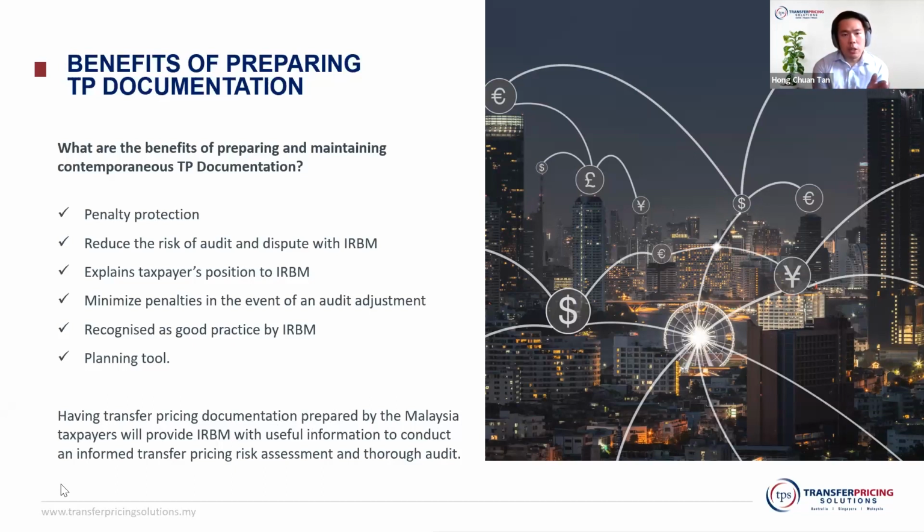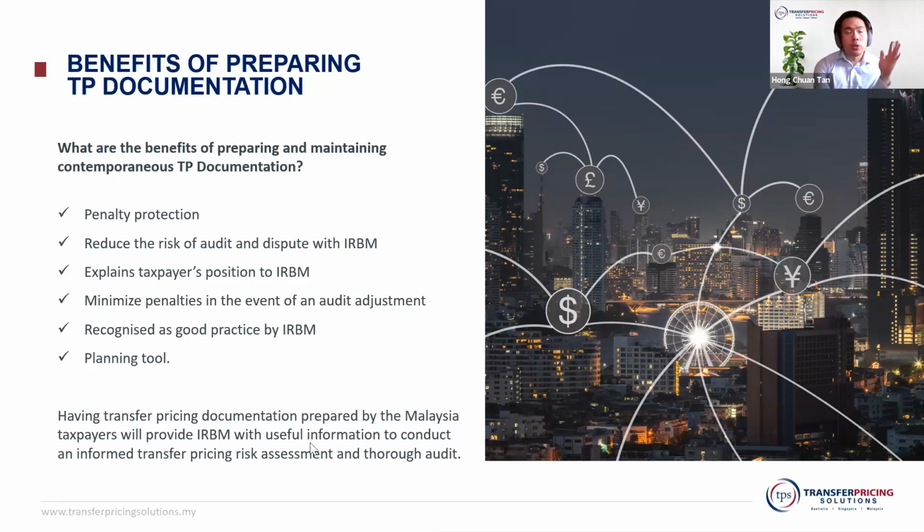I'm not talking about just TP, it may lead back to indirect taxes or other corporate taxes as well. And once you've completed that, you would have an overview of what's happening within the firm and what the risks in place are, what the recommendations are, what the findings are from the preparation of the TP documentation, for you to then use that knowledge to better prepare or better plan your supply chain, your maybe restructuring based on other developments within other jurisdictions as well. So it is good to use the TP documentation as a planning tool.